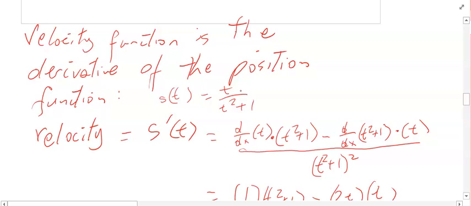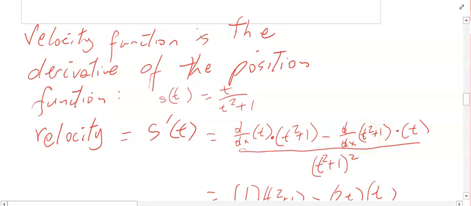So our velocity is s prime of t, and that is going to be d dx of t times t squared plus 1. That is low d high minus d dx of t squared plus 1 times t, so that's also high d low, over t squared plus 1 all squared, which is our low squared.